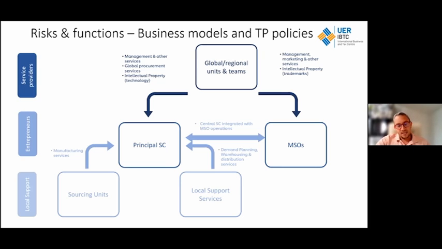What is nice to understand is that if we focus our attention on this kind of business, the co-principal business, with the supply chain principal in our example and the local MSO, for sure we are assuming a high integration of functions and risks of these two businesses, because having two entrepreneurs on the market means that the functions and the risks are really shared.